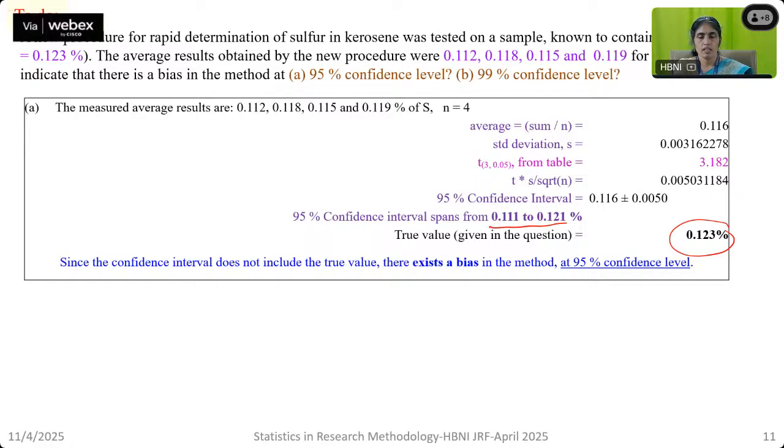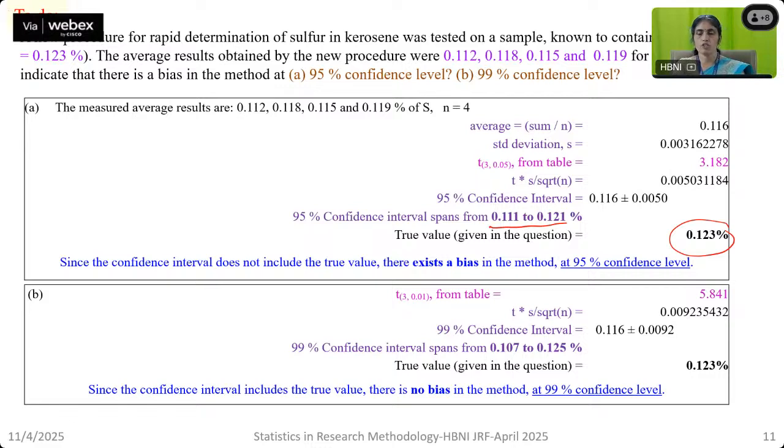So if the specification limits are not given, generally we go for 95% confidence level evaluation. Then we say that there is a finite bias in the method. The method needs to be improved. If the specifications are not very stringent, you can go further ahead and apply the 99% confidence level.